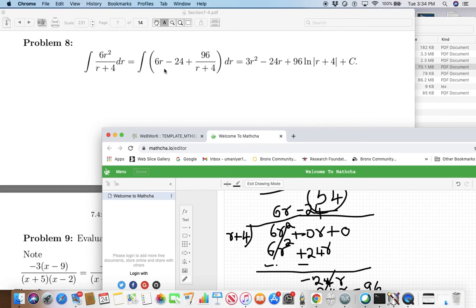Now this part is polynomial. Its integral is, integration of 6r is 3r squared. Integral of 24 is 24r. Integral of 96 over r plus 4 is 96 natural log r plus 4. Do not forget constant of integration.